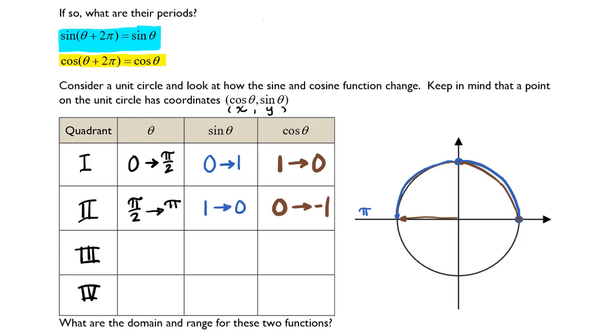Next, let's look at the third quadrant. In the third quadrant, we're going from pi to 3 pi over 2. In the y direction, we're going from 0 to -1.